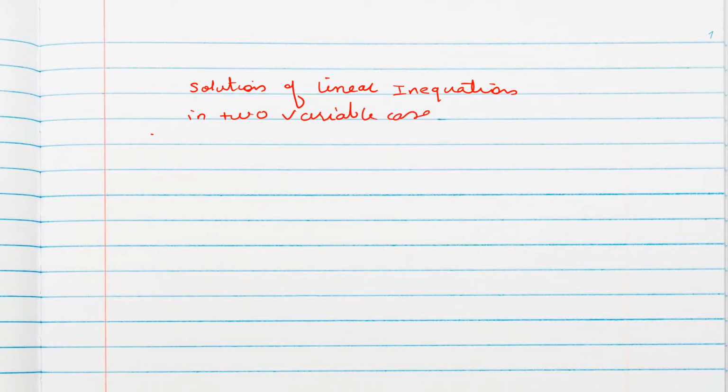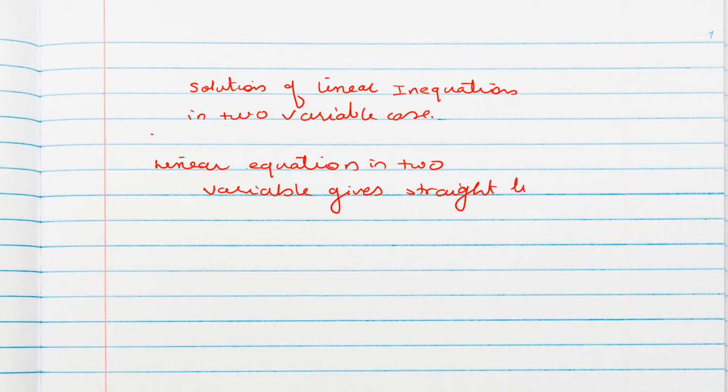Okay, before that, since we know linear equation in two variable always gives a straight line. This we know already.